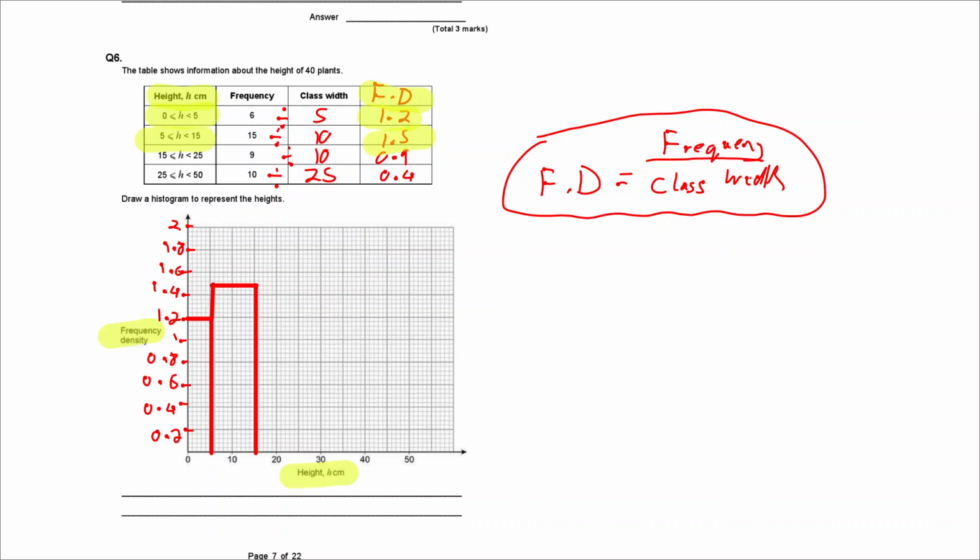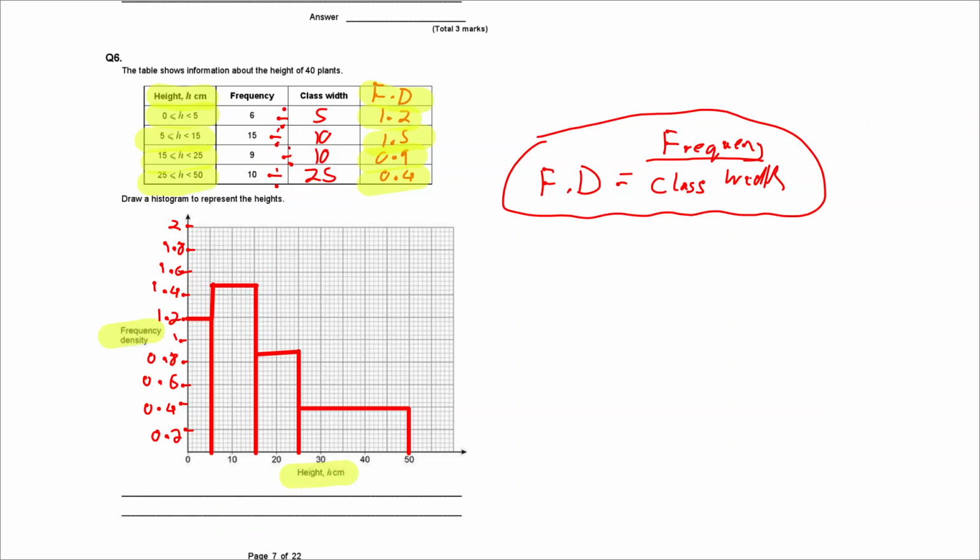Then between 15 and 25, which is 0.9, goes there and across. Then between 25 and 50, which is 0.4: 25 is there, 50 is up here, and 0.4 is over there. And that's it. You've drawn the histogram. Hopefully I've made no mistakes there, but that should be it.